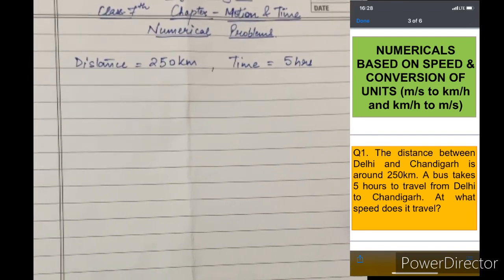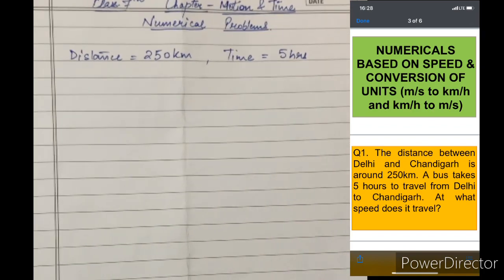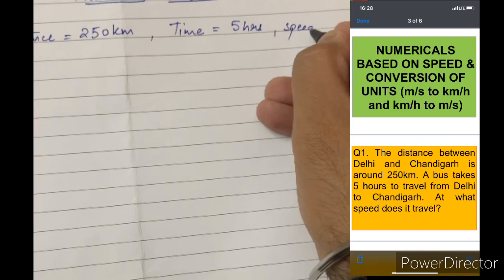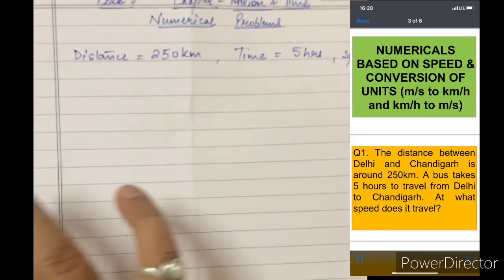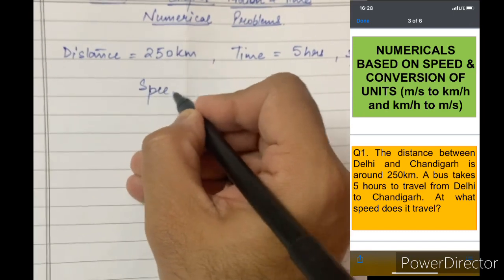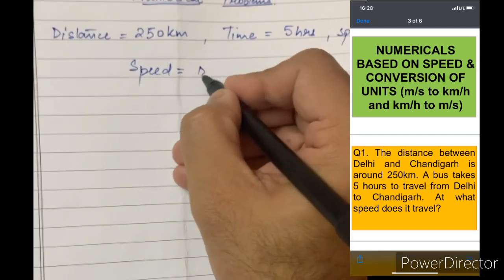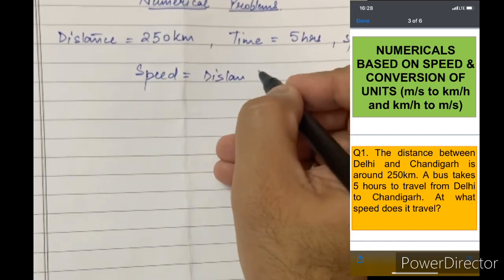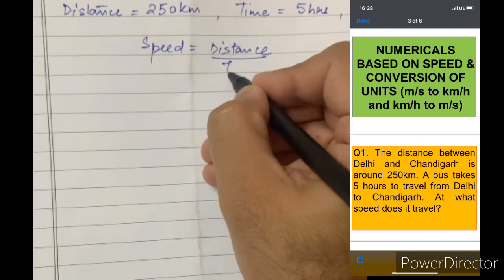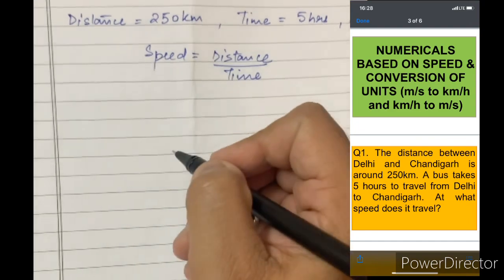Now, at what speed does it travel? So he is asking for speed. As you know, the formula for the speed is equal to distance upon time.